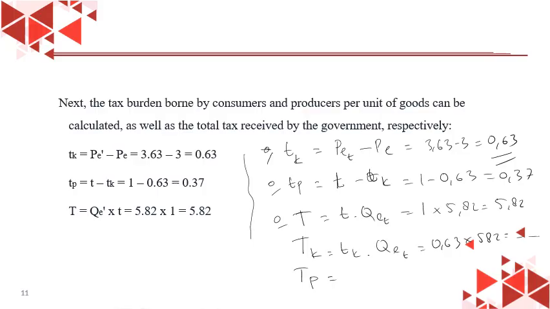You can find it through Tp times QET, 0.37 times 5.82, or all the tax to the government minus all the tax that is borne by the consumer. Okay, you just fill in by yourself and find out whether it will give you the same value or not. Okay, so this is the first part of the supply and demand function with the equilibrium market, and I will continue to the second part.